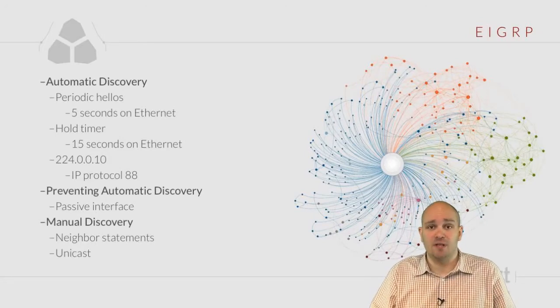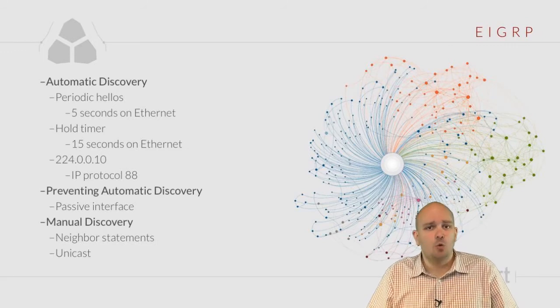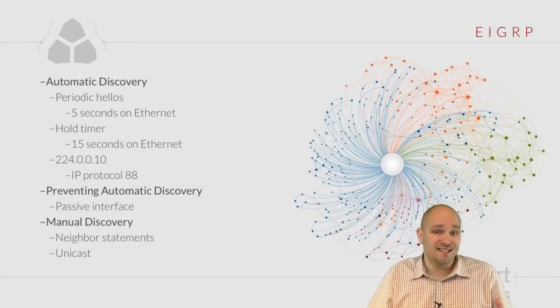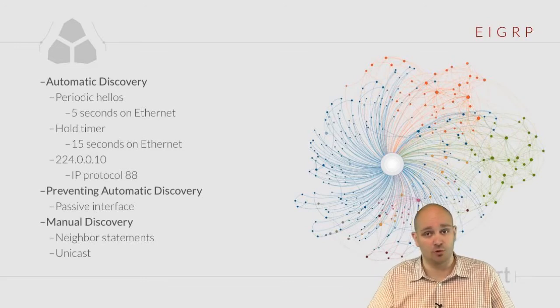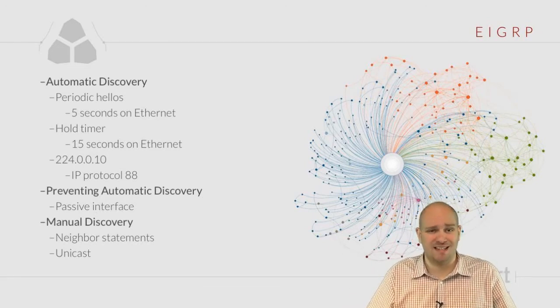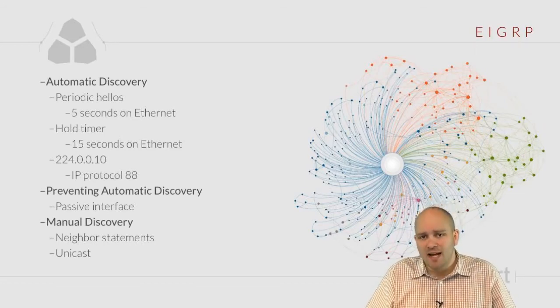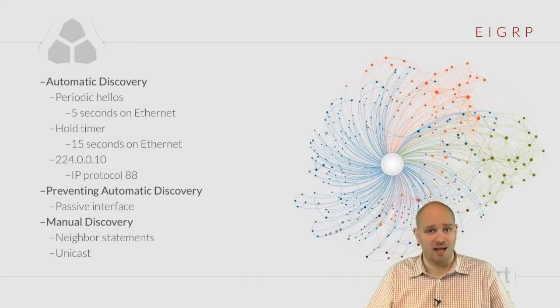On those network types that don't support multicast or broadcast traffic by default, we cannot automatically discover the neighbors, so we need to manually configure our EIGRP. And this is done under the process configuration for EIGRP, which I'm going to show you in a minute, by configuring the neighbor's address explicitly. Configuring the neighbor's address explicitly enables sending unicast hellos to that particular neighbor.